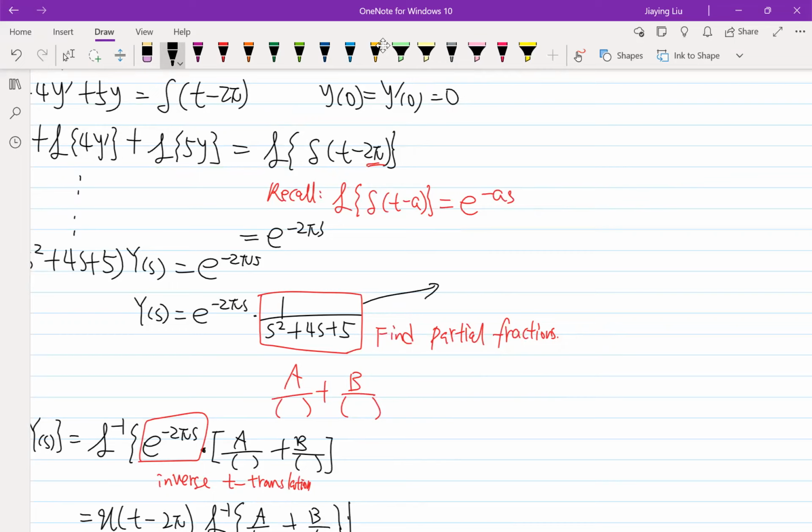oh no, wait. Actually, I screwed up. I probably did. Ah, yes, you're right. I did this wrong completely. Partial fractions can't even factor this. Yeah, I did it wrong. Sorry. I have to go back and double check. I think instead of finding partial fractions, you have to complete the square.